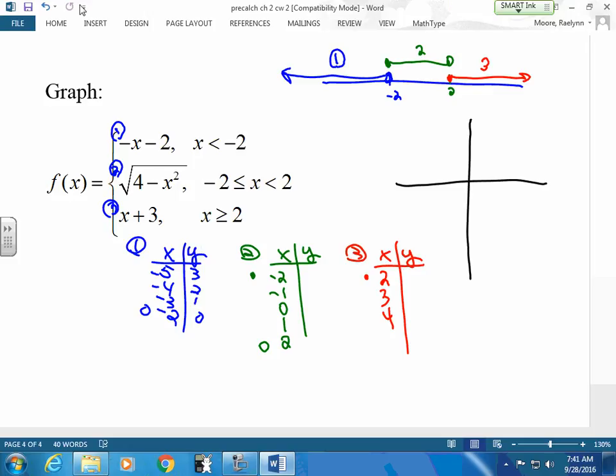So Julia, what were your y's for these values? I found -2 is at 0. So the 2 would also be a 0, right? And the 0 in the middle would be a 4. So 4 minus 1 is 3. You could just say radical 3. Wouldn't the 0 be a 2? The 0 will be a 2.